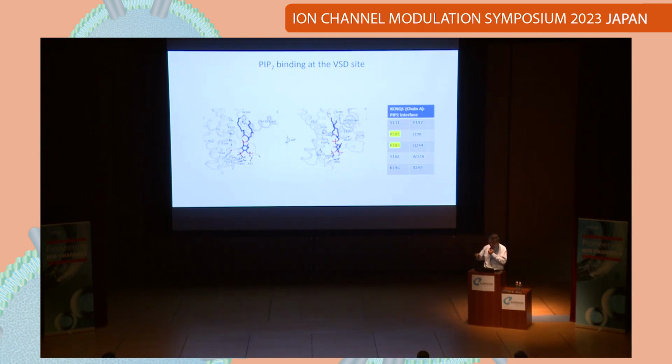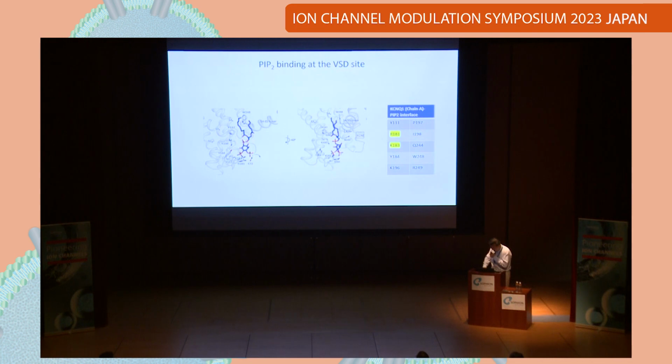We made mutations of those PIP2 binding sites and tried to get rid of PIP2 in certain ways. With one mutation that is here, we found that the PIP2 would also bind to the S2-S3 loop, the voltage sensor domain, which is exactly the same structure, binding to the calmodulin.